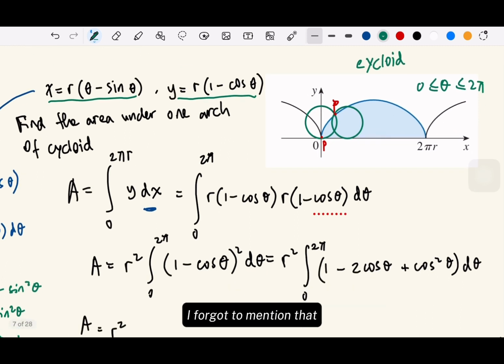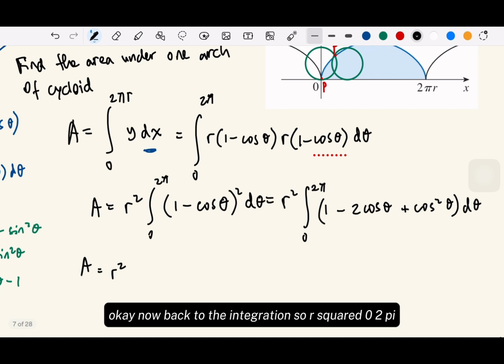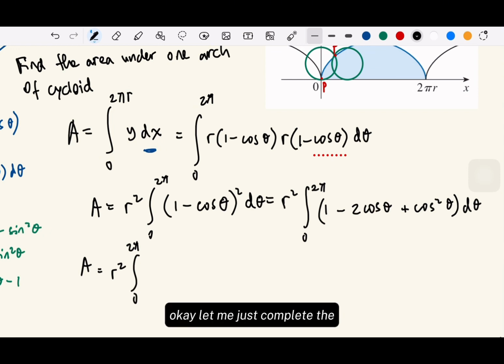I forgot to mention that. Now back to the integration. So r squared, integral from 0 to 2 pi. Let me just complete the double angle formula.